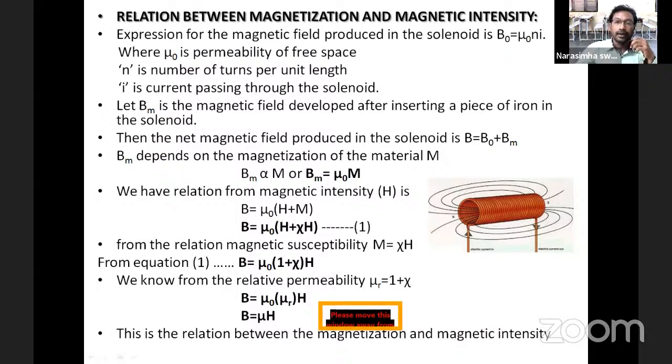See here, this relation explains for what magnetic field, how much magnetization can take place. I am repeating, at what magnetic field, to what extent the magnetization takes place.